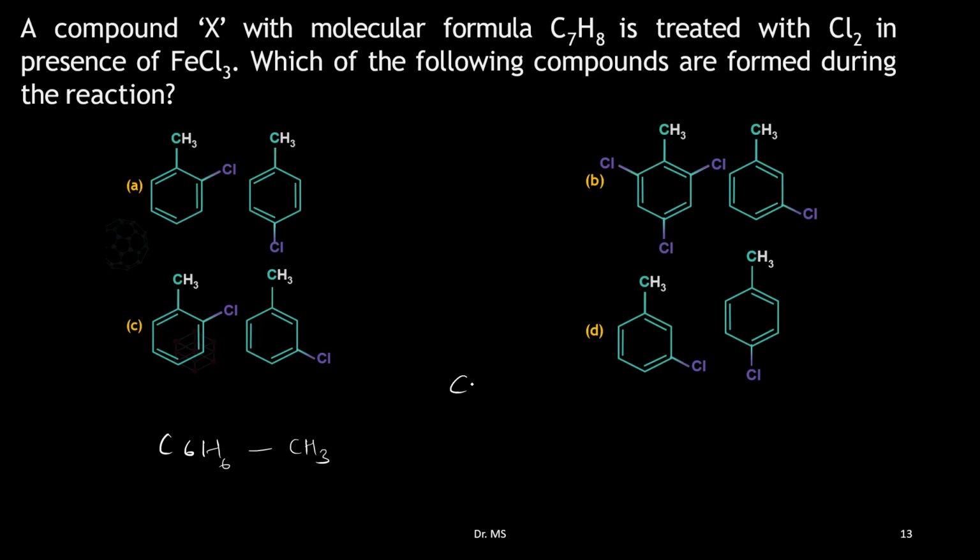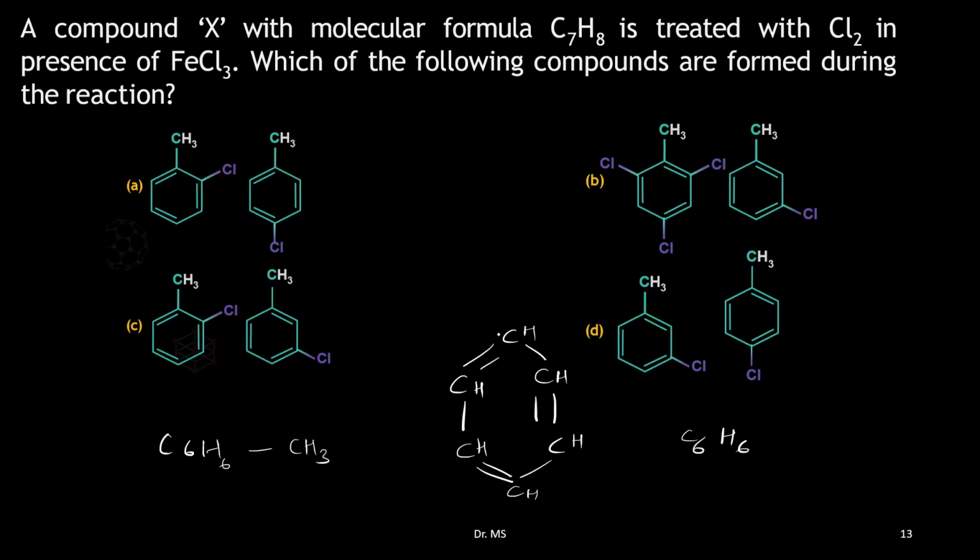Okay, let me take like this. For suppose you take the 6 carbons. Double bond, double bond, double bond. Okay. And now attach the hydrogen. Hydrogen, hydrogen, hydrogen. So how many carbons are there now? 6 carbons, 6 hydrogens.